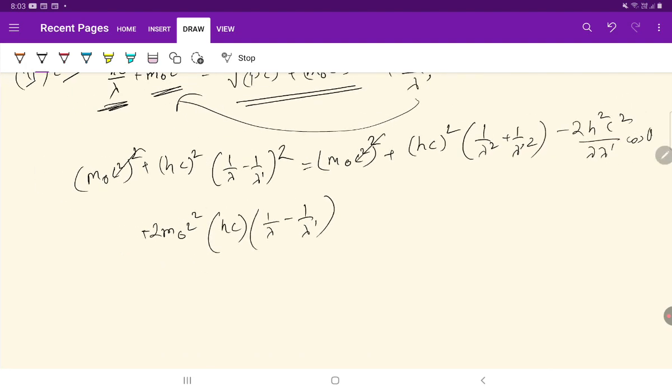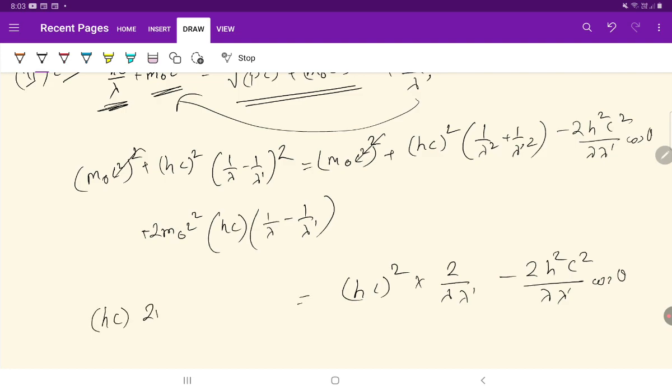Just doing some more evaluation, you'll get (hc) whole square into 2 by lambda lambda dash minus 2 (hc) whole square by lambda lambda dash cos theta is equal to hc into 2 m naught c square (1 by lambda minus 1 by lambda dash).